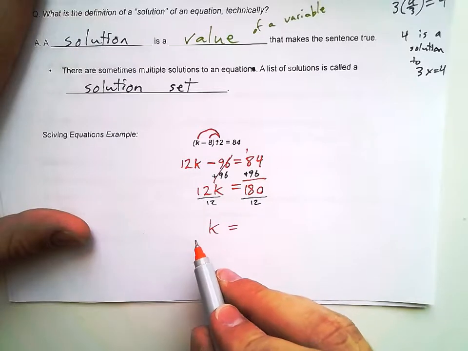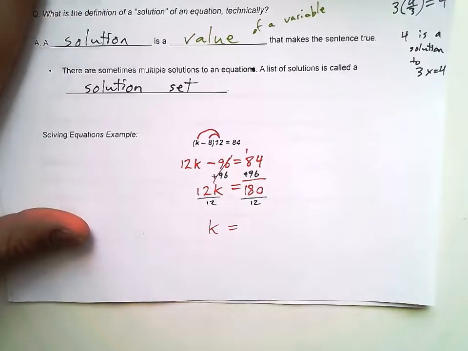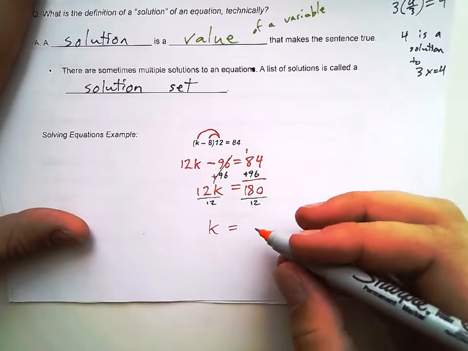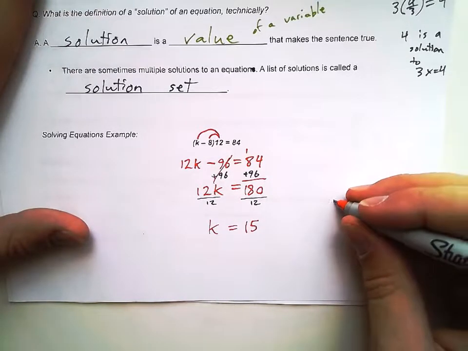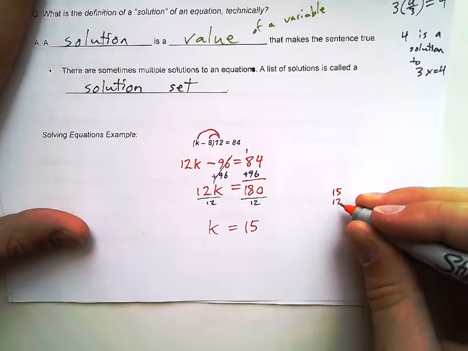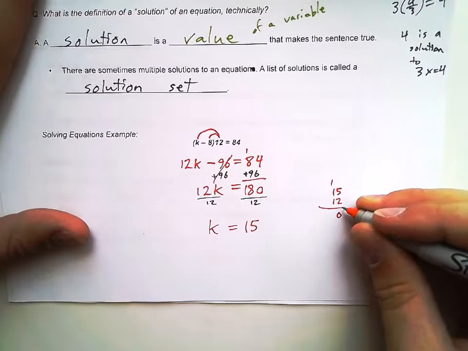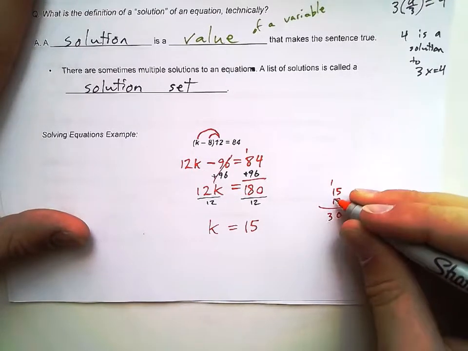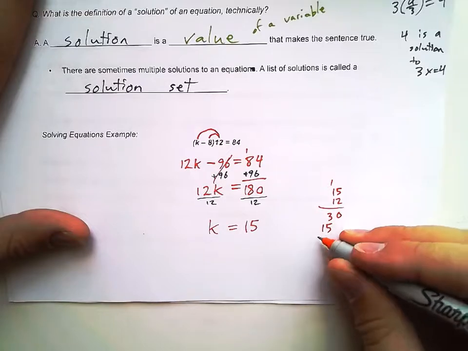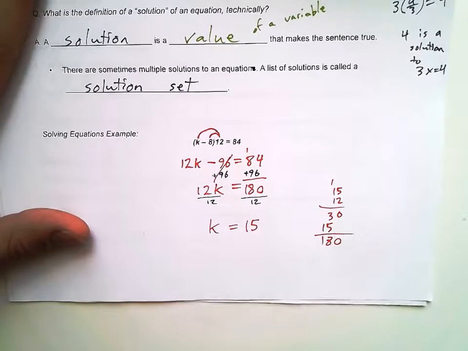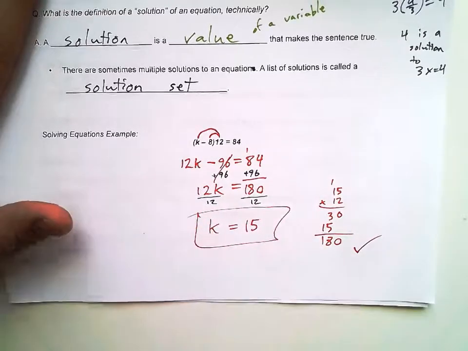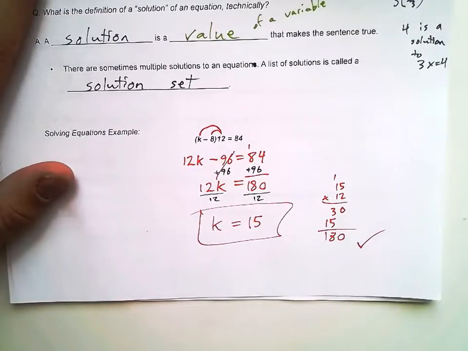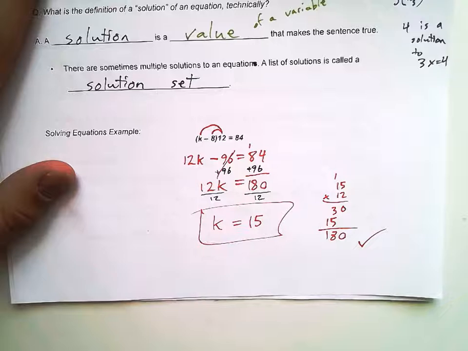We don't need to write the 1 because 1 times k is k. And 180 divided by 12 is 15. We'll double check that, 12 times 15. Yep, we're good. So the solution for that will be k equals 15.